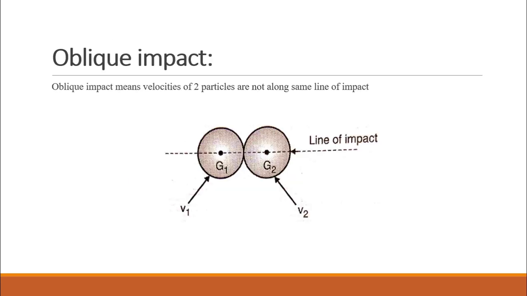Oblique impact is when the velocities are acting on different lines, or you can say velocities are acting other than the line of impact. We can clearly see velocities v1 and v2 are acting other than our line of impact. These are the two basic types of impact.